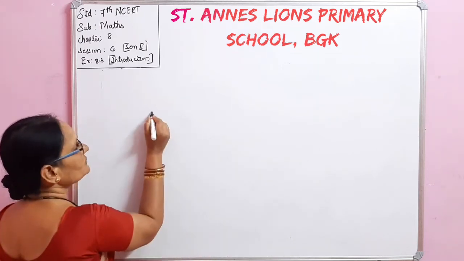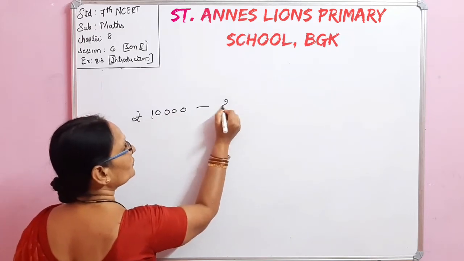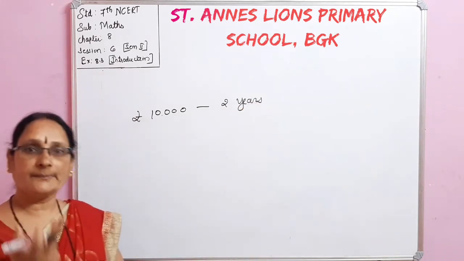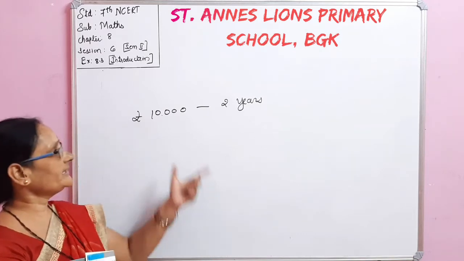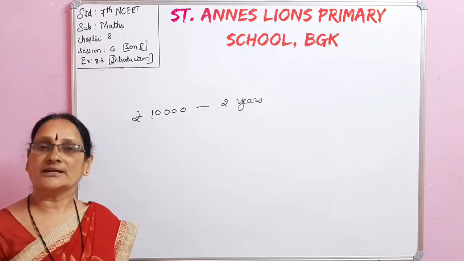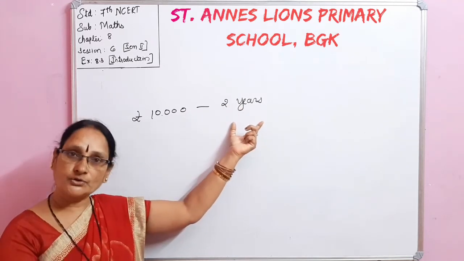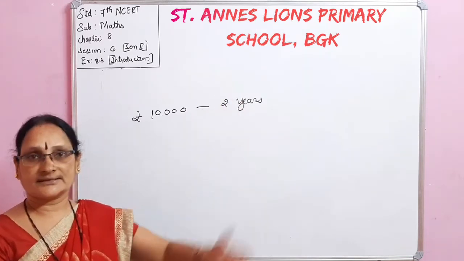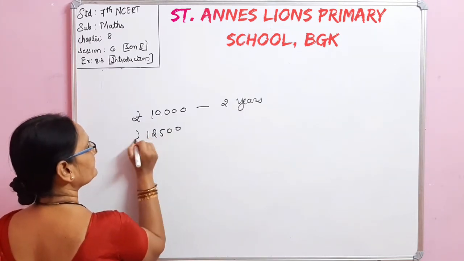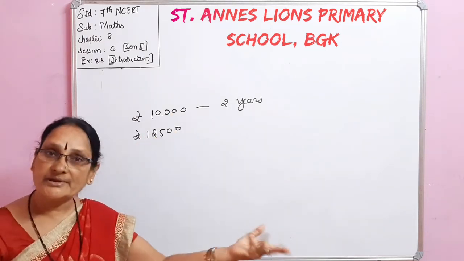Suppose I am depositing 10,000 rupees in the bank for 2 years. After 2 years, I may get 12,500. See what the difference is? 2,500 is the extra money I am getting.